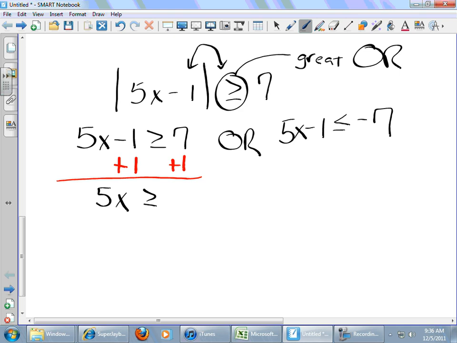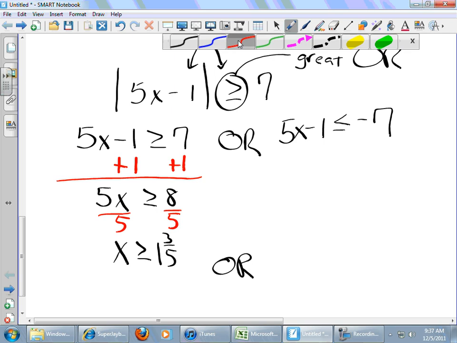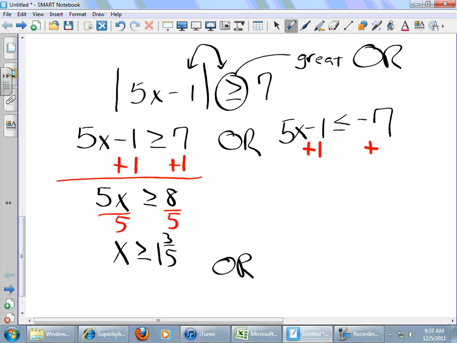5x is greater than or equal to 8. Divide by 5, divide by 5. X is going to be greater than or equal to 1 3/5. Okay, or I need to come over here. The steps in this case will be to add 1 to each side, just like in the last part.